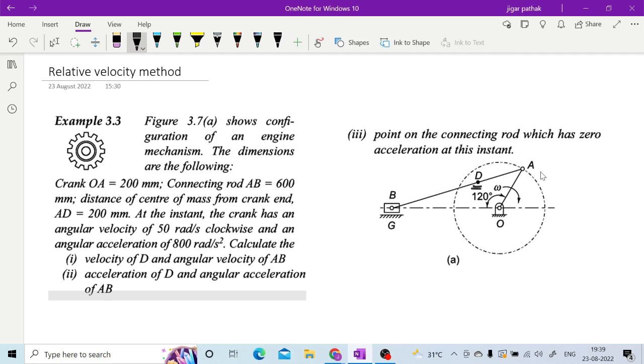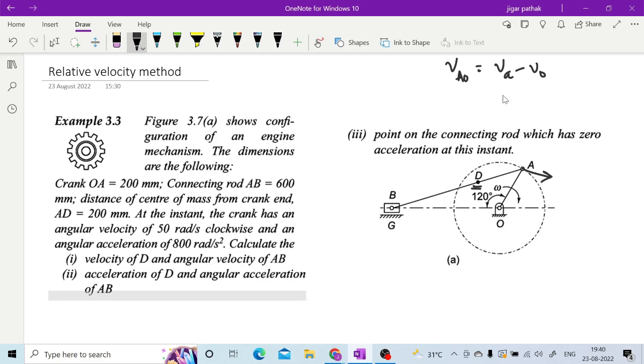Whenever you start drawing the velocity diagram, whatever data is given, you have to check how we can start calculating velocity, because the velocity diagram requires linear velocity. So if you find the velocity of A with respect to O, it will be VA minus VO, vectorially.